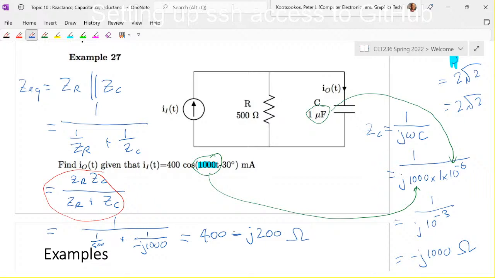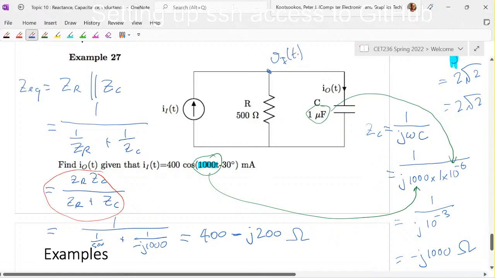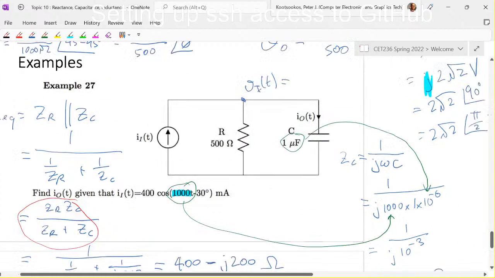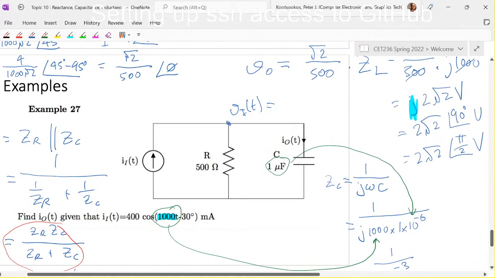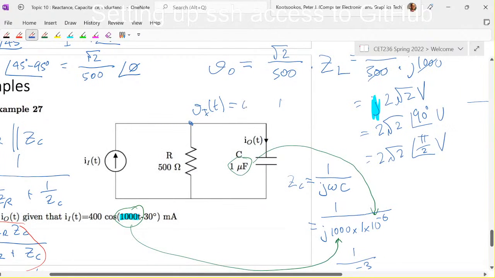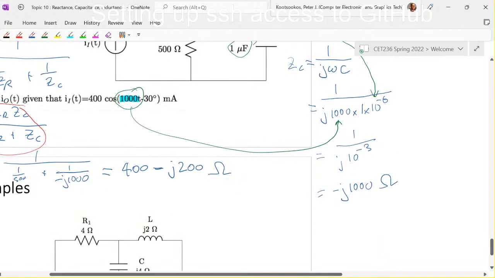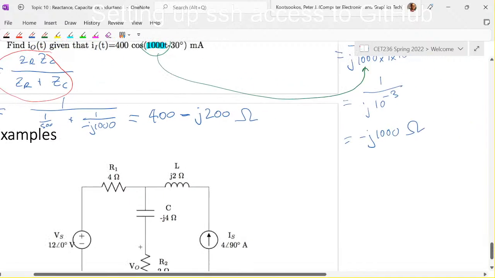So then we can figure out what VI of t is, right? It's just going to be II of t times Z equivalent.